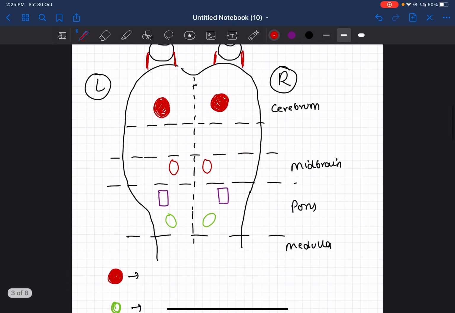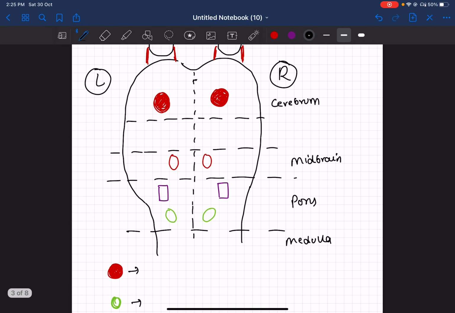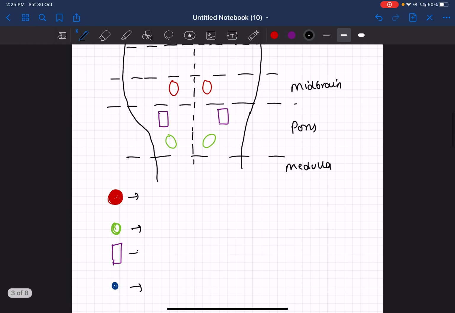So here I have represented the entire structures involved in this pathway. Let us write first the name of the structures. The red color structure which you can see here is the frontal eye field. It is present in the frontal lobe.